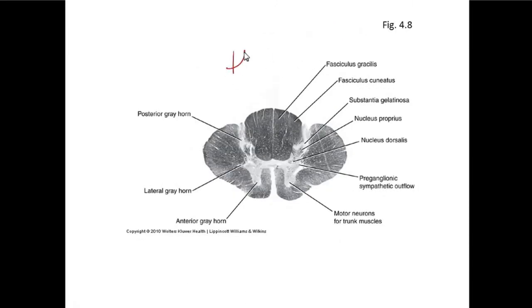Here's a thoracic segment where you'll have motor neurons for the trunk muscles, and you also have the lateral gray horn. So as was addressed earlier, the lateral horn is limited to the thoracic segments of the spinal cord and the upper lumbar.